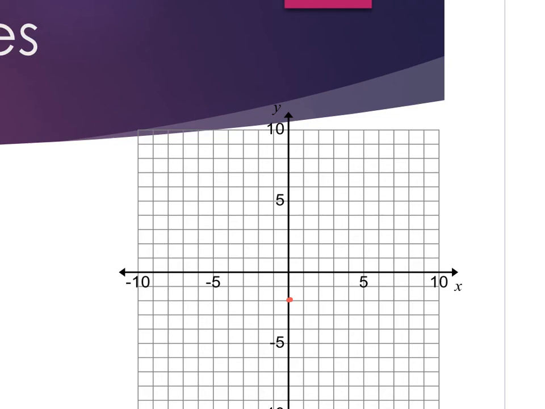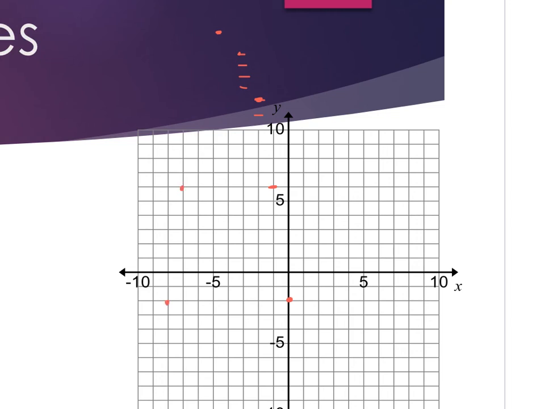We have negative 1, 6. We have negative 2, 12. And we have negative 3, 16. And then we have our vertex, negative 4.5 and 18.25, somewhere up in here. Okay, so we can kind of see where our graph is going.